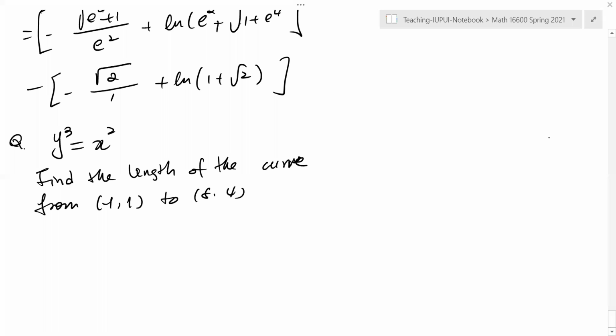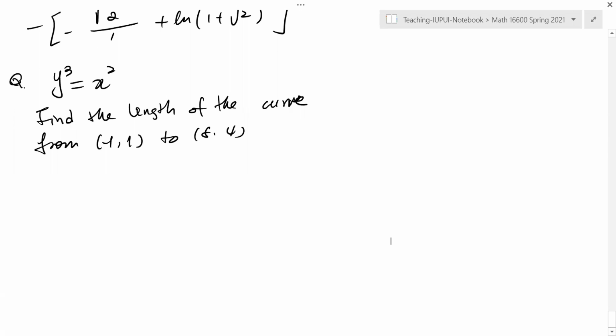We don't know the graph, but we at least have found the two points. One is here, the other one is there, and I think the graph passes through the origin.